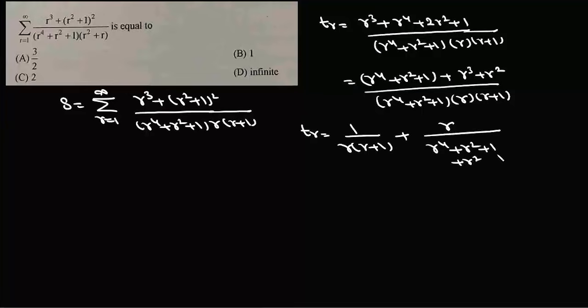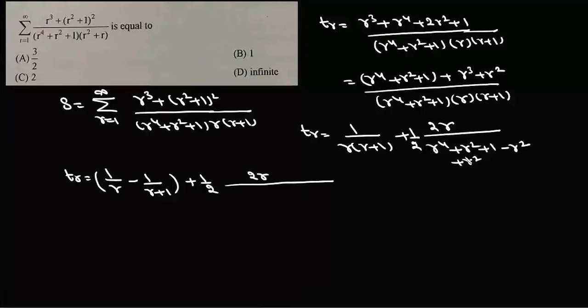Now here we'll add r square and we'll subtract r square, and also we'll multiply and divide it by 2. So we can write this tr as 1 upon r minus 1 upon r plus 1, plus 1 by 2, times 2r upon (r square plus 1) whole square minus r square.